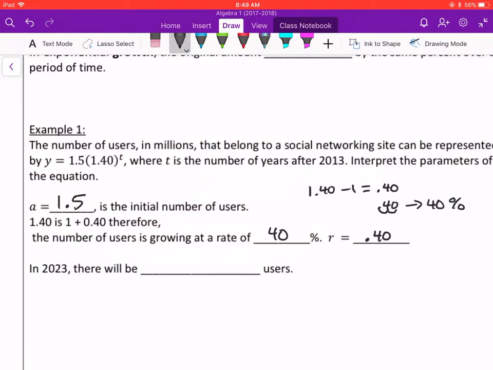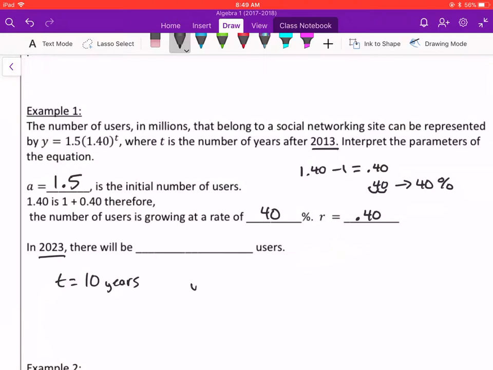So in 2023, there will be how many users? Well, you started at 2013, to 2023, that means time will be 10 years. So if I plug this all in to get your final amount, we have 1.5 times 1.40 to the 10. This is something you can plug straight into the calculator.